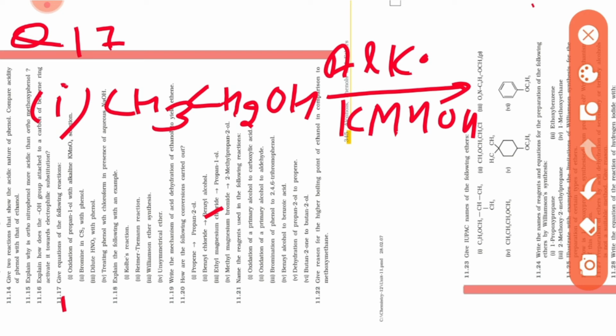So it will give, by oxidation, first of all, as you know very well, the aldehyde CH3CHO. Then when we do further oxidation, first what will be formed here? CH3CHO. Then with further oxidation, it will give CH3CH2.